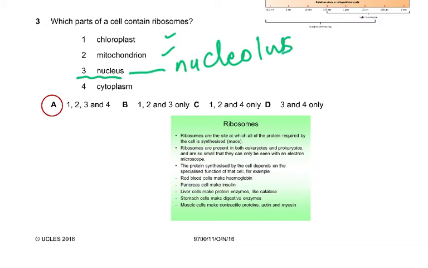In fact, the ribosomal RNA is made from the DNA, which is present in the nucleus, and then the proteins are imported from the cytoplasm because the proteins are made on the ribosome. So nucleolus. So that is why the answer. And 4, cytoplasm has free ribosomes. So we have free ribosomes in the cytoplasm.